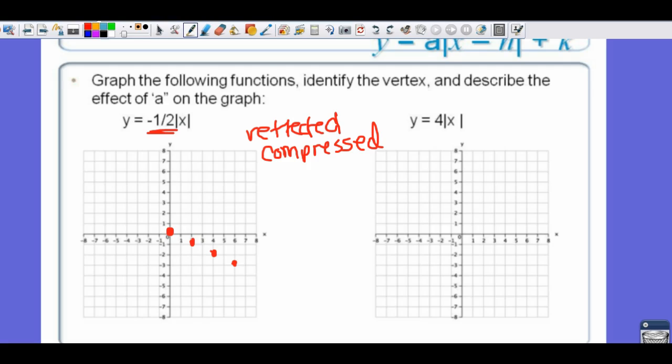So if it goes down 1 and right 2, it's also going to go down 1 and left 2. Connect your dots, and you're done.